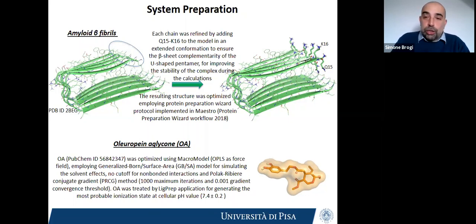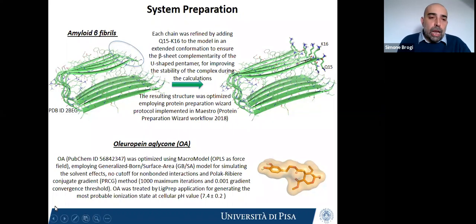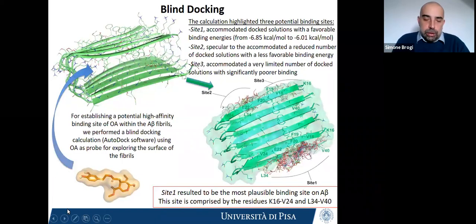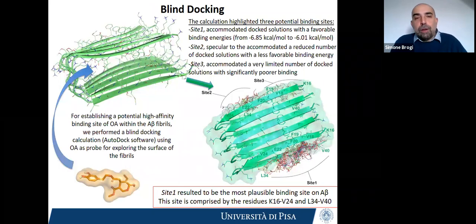This calculation allowed us to identify the lowest energy conformer that was then submitted to the LigPrep application for generating the most probable ionization state or tautomeric state at cellular pH value. After this preparation step, with the system prepared in an accurate manner, we performed a first step of molecular docking calculation.